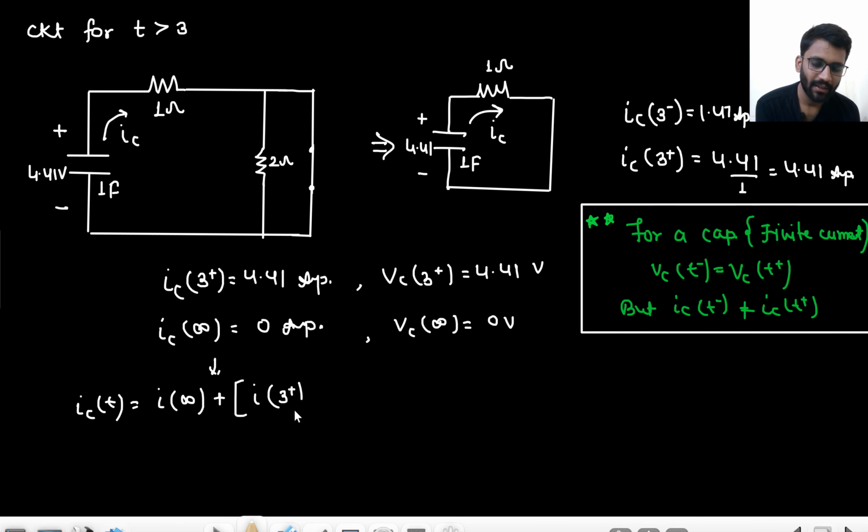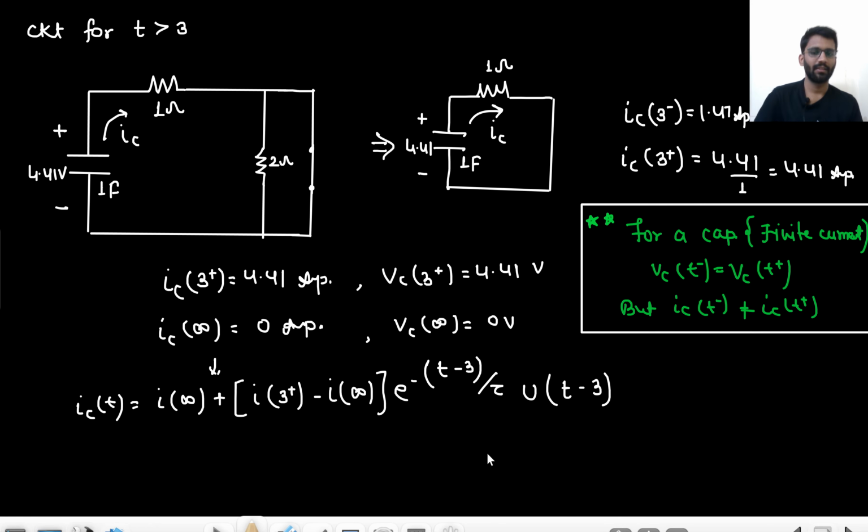If you are starting from some point, instead of 0 put t naught, and instead of u(t) you will write u(t minus 3). Are you getting this point? So t naught is 3 second here. At 3 seconds we are having 4.41 ampere current, because this is 0, this is also 0, into e to the power minus (t minus 3) by 2.